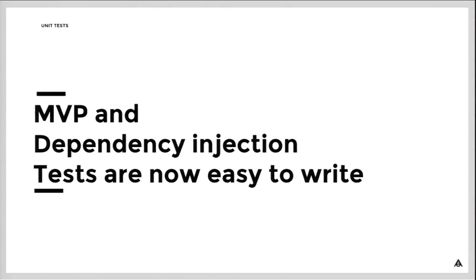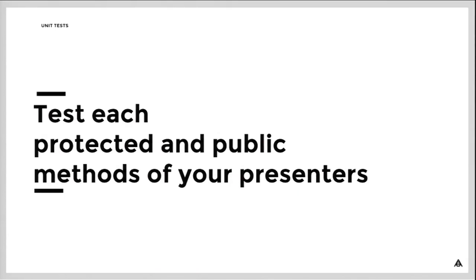If you are using MVP and dependency injection, tests are now easy to write. You have everything you need. You just have to take each presenter and write code to test each protected and public method of your presenter.